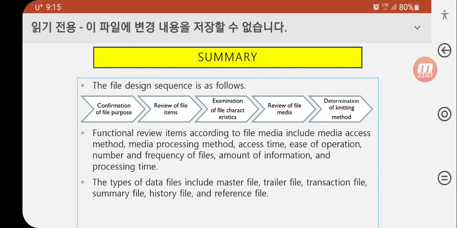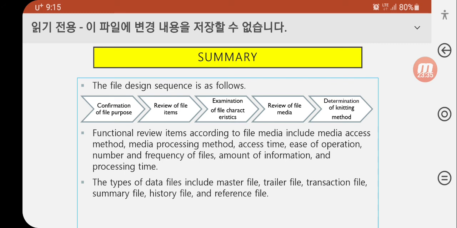Let's try to summarize this week's lectures. The file design sequence, functional review items according to file media, including media access method, media processing method, access time, ease of operation, number and frequency of files, amount of information, and process time.